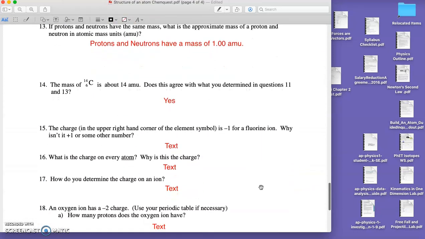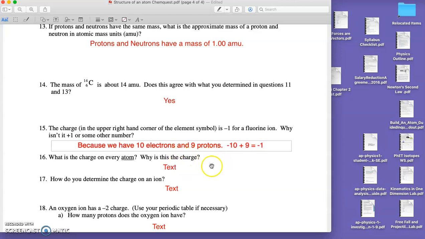So when they ask that question, why isn't it positive 1 or some other number? It's because we have 10 electrons and 9 protons. And it works like this. Since electrons are negative, I take -10 plus my number of protons, 9, and that equals -1, which will be my charge.